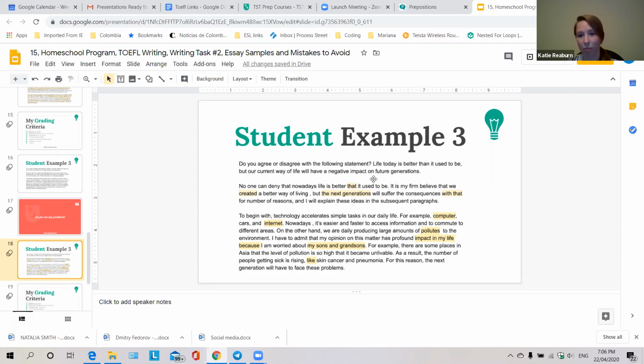It affects your score. And the fact that it's in the first sentence there, the examiner reads this. If they find a mistake in that first sentence, they're already thinking, oh, here we go. Here is another essay that's going to be difficult for me to read because of mistakes. And you don't want them to think that.